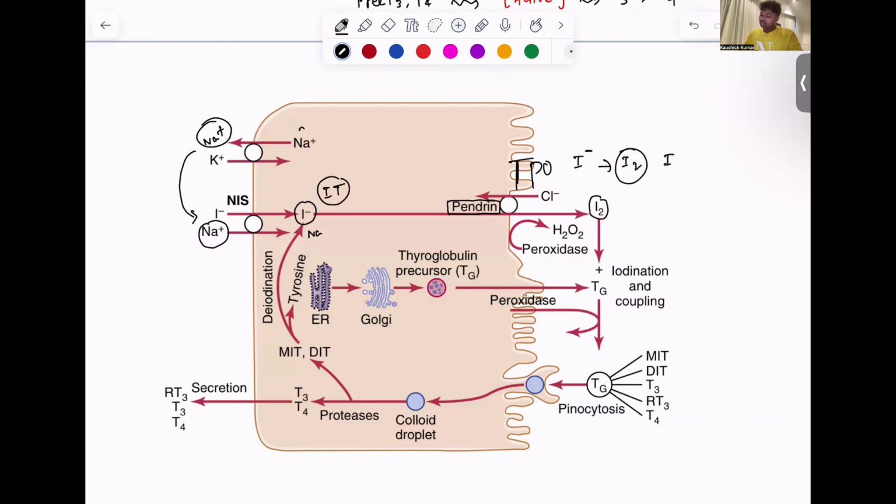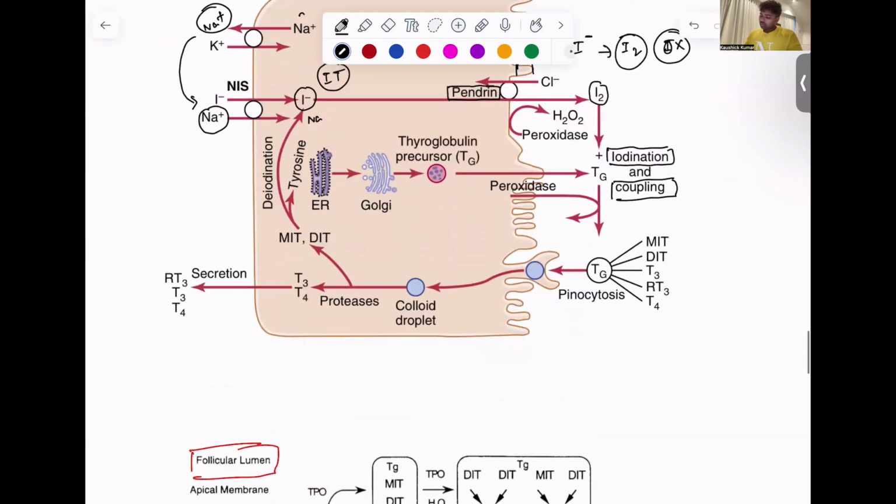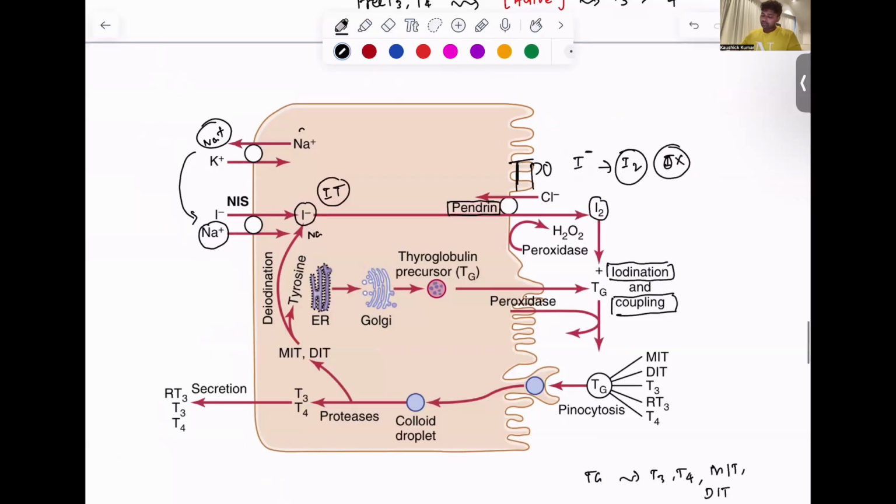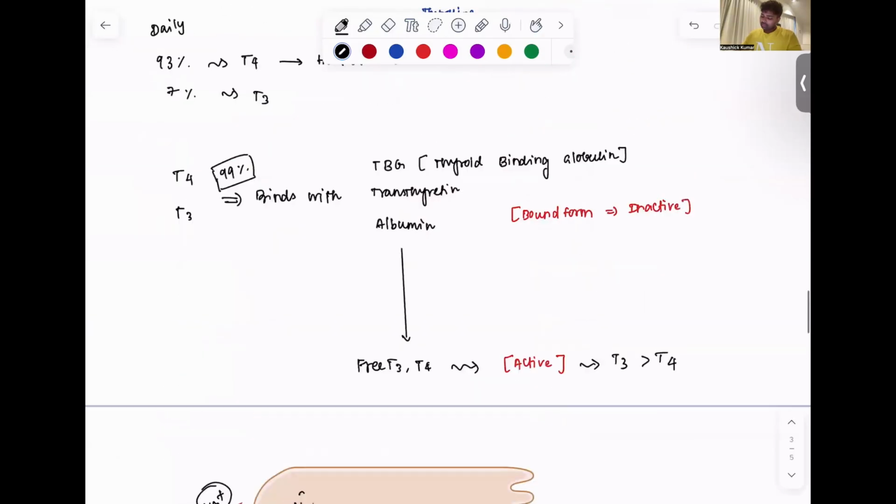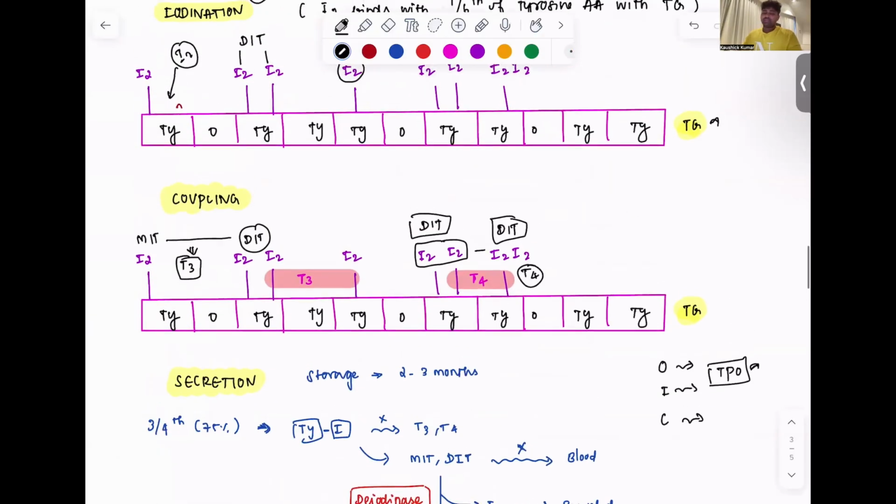This process is called oxidation. Once oxidation happens, the next step is iodination, followed by coupling. Ultimately, we have thyroglobulin that contains T3, T4, MIT, DIT. I'll talk about reverse T3 later. So this thyroglobulin present in the colloid basically contains T3 and T4.